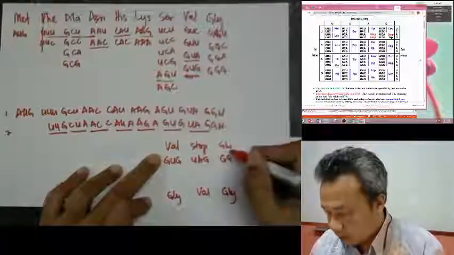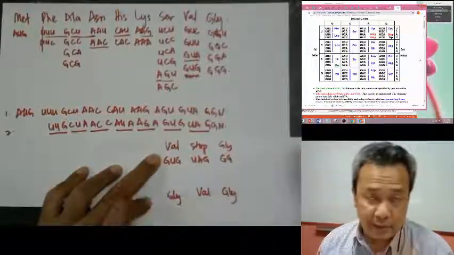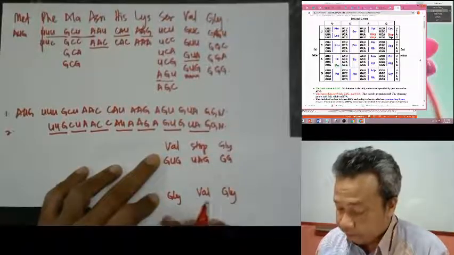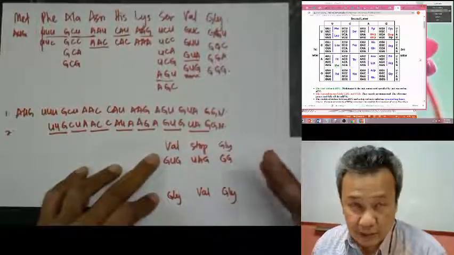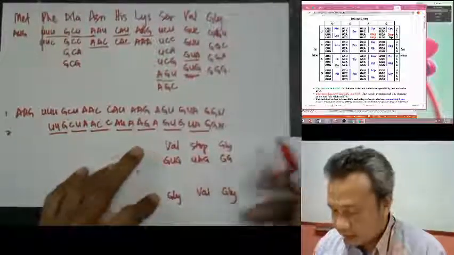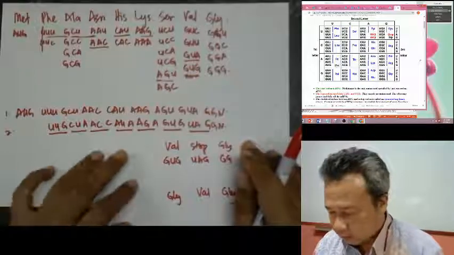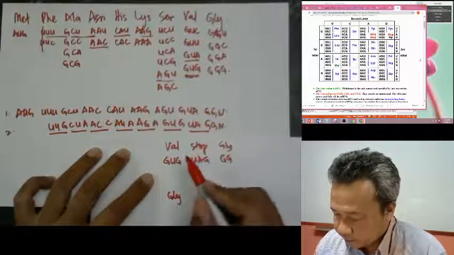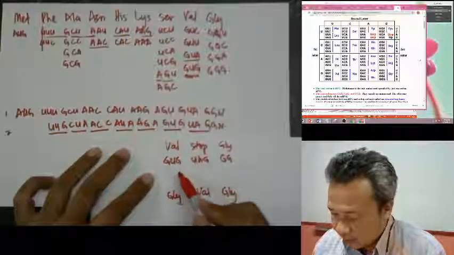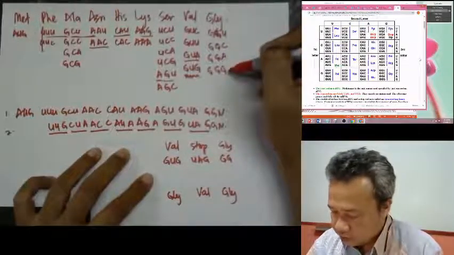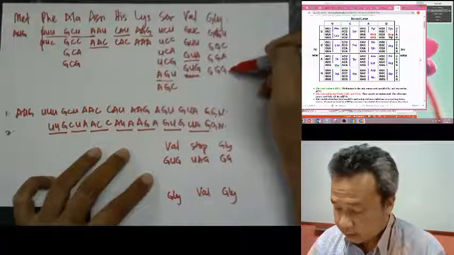Now there's another mutation by the same mutagen which results in a sort of a revertant. So from here, GUG, UAG, GG, again you use the same kind of trial and error, and you'll find that from valine to glycine, the GUG, you'll need either GGU, GGC, GGA, or GGG, right?